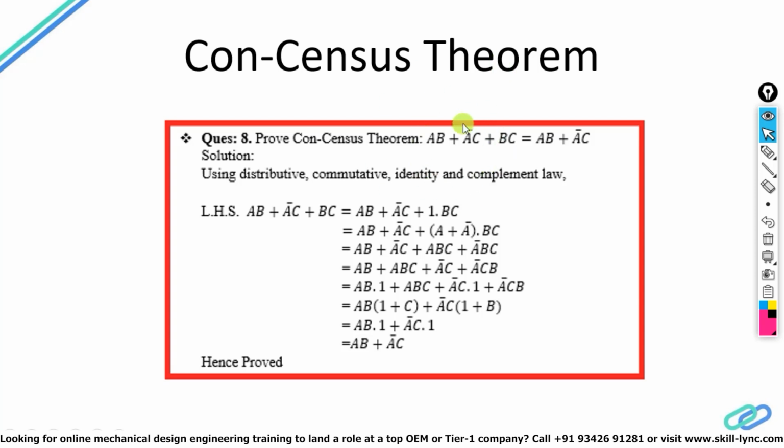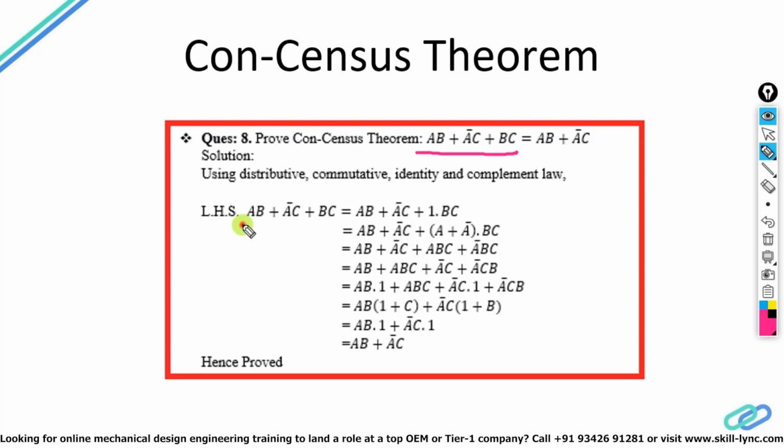So here we have seen that all the initial conditions are fulfilled. Now we are going to prove this consensus theorem. Three variables are there, one is in complemented form, and all the variables are repeated twice. So let's prove it. It is AB plus A bar C plus BC.